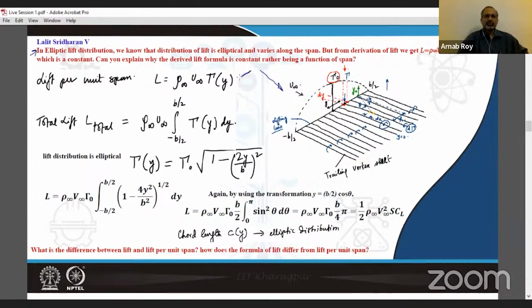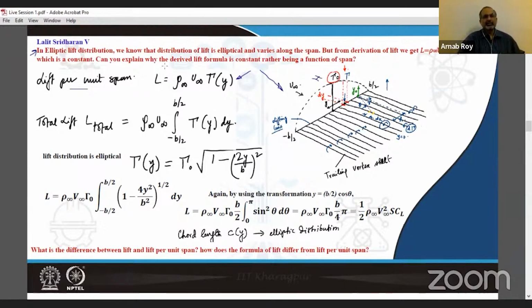So straight over to some of the important equations now. When we discuss about lift per unit span, we are essentially talking about a small unitary length scale along the y direction, and based on that we are defining this lift.